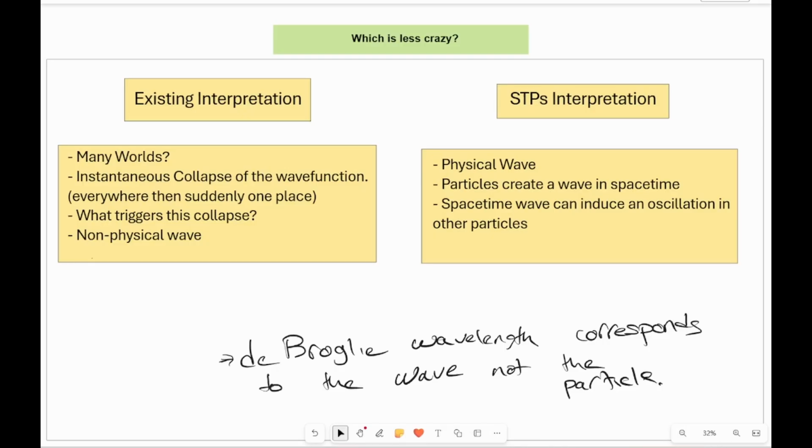And we also depend on the slit carrying the space-time waves, inducing oscillations in other particles. Those are the three main things that we need to accept in order to get this double slit interpretation to work. And I personally think that this one's not as scary as the one on the left.